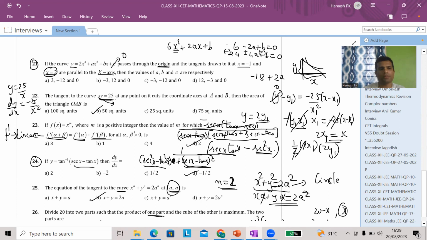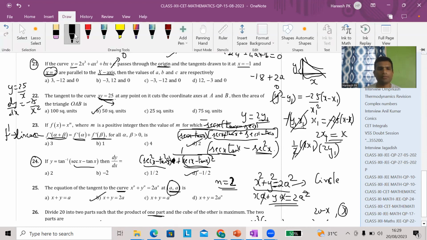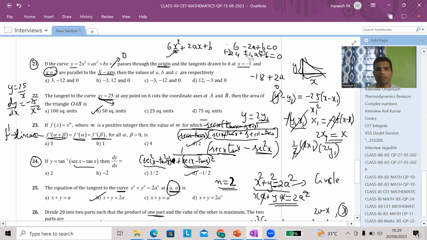Now the 21st question. When we differentiate, we get 6x square plus 2ax plus b equal to 0. When I substitute minus 1, the mistake that we made was here. The second equation, I think we messed it up.